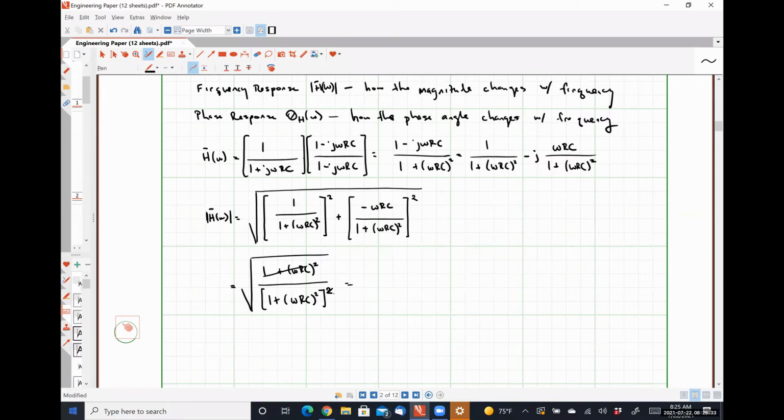My numerator is one value, my denominator is that value squared, so I can get rid of that squared sign. And what I'm left with is 1 over the square root of 1 plus omega RC squared. Okay.